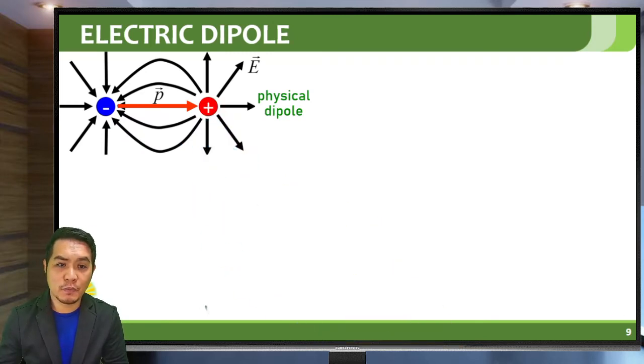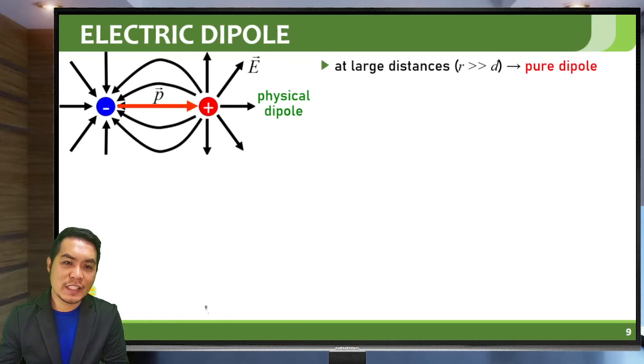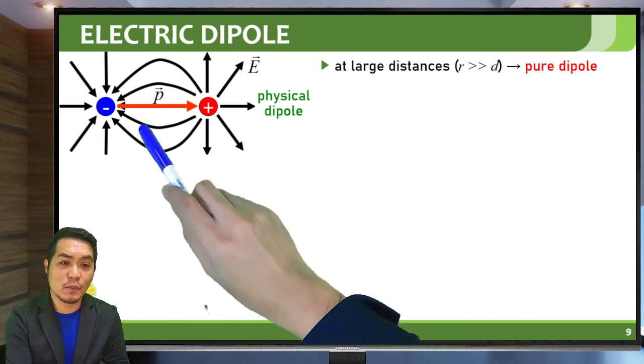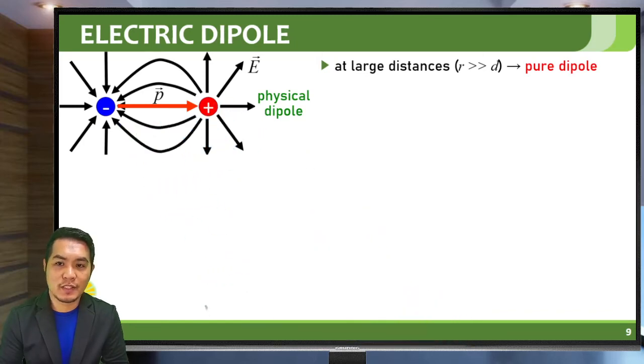Now, at large distances, when your field point, the location where you want to find the potential, is very large compared to the distance between the two charges, then your physical dipole will approach that of a pure dipole. A pure dipole is sometimes also called a point dipole because it has no dimensions.